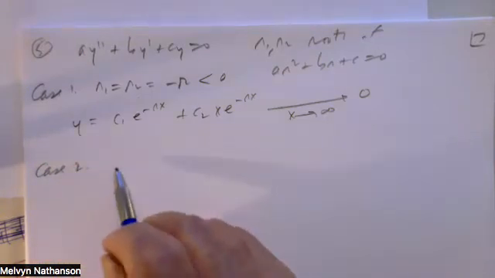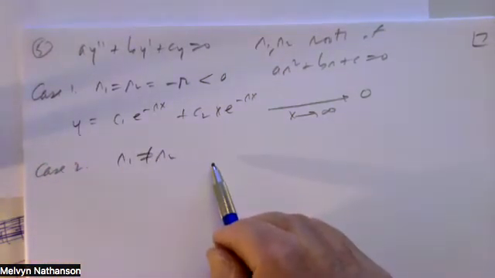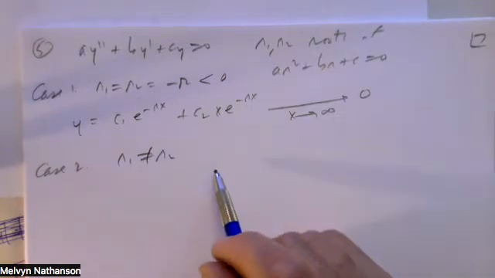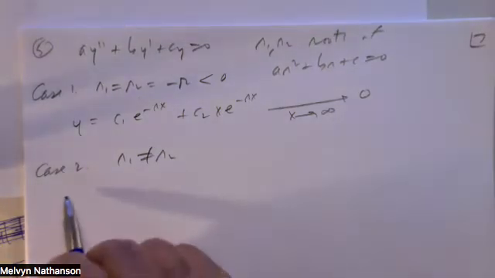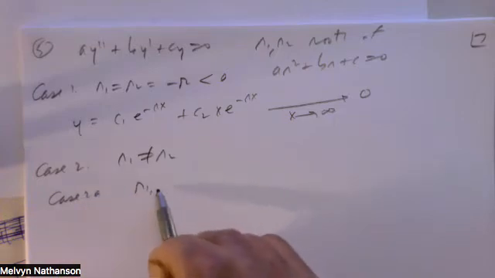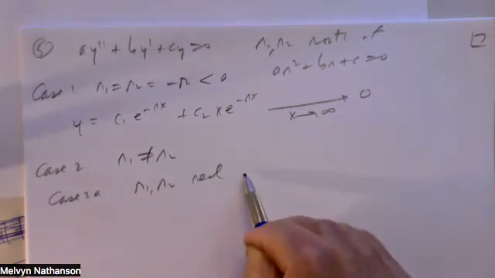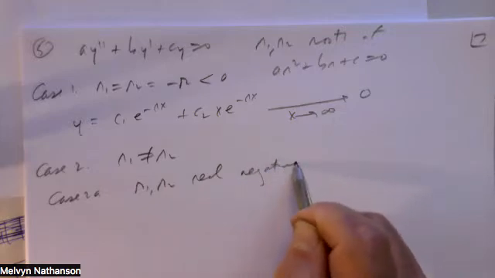In case 2, r1 is different from r2, and it says negative real parts. So there, let's say 2 subcases. So case 2a, r1 and r2 are real negative numbers. Or there's minus r1, minus r2. These are real negative numbers.